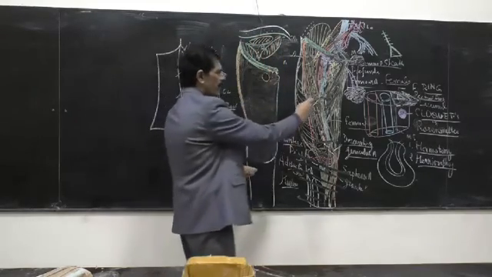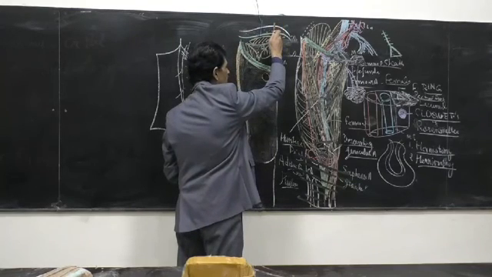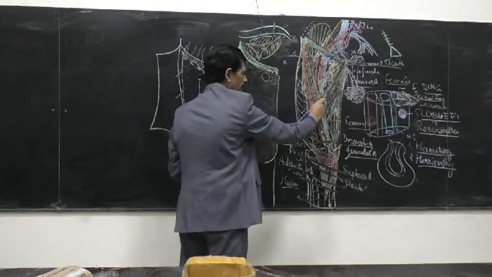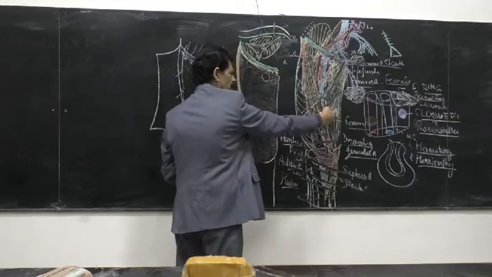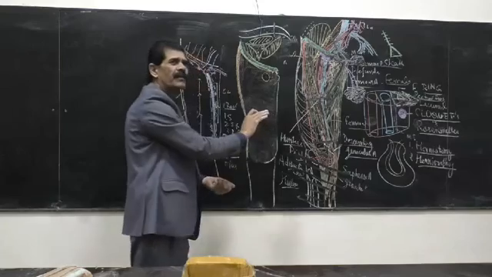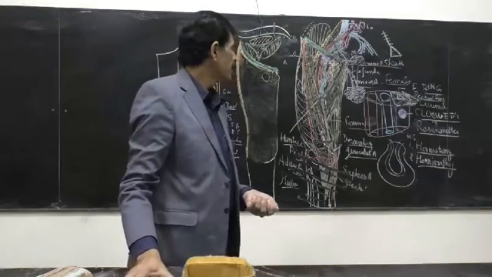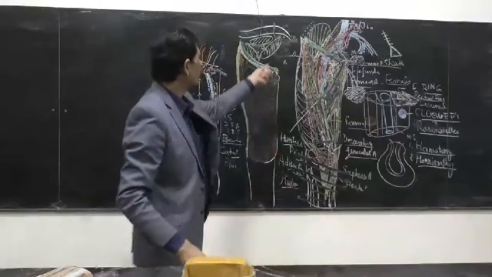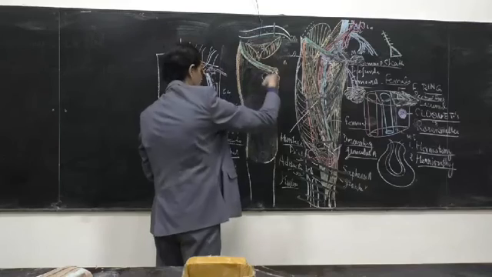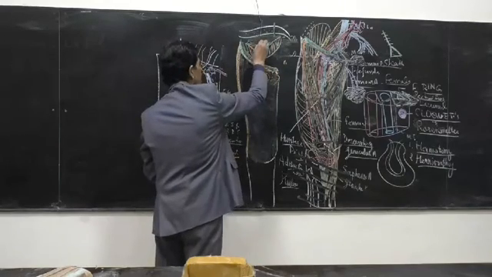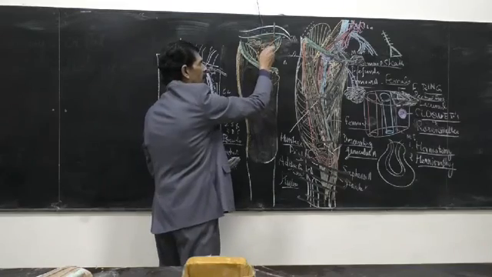So we cut the skin, superficial fascia and deep fascia, lift the medial border of the sartorius and reflect it laterally. Then the aponeurotic roof is in front of us.